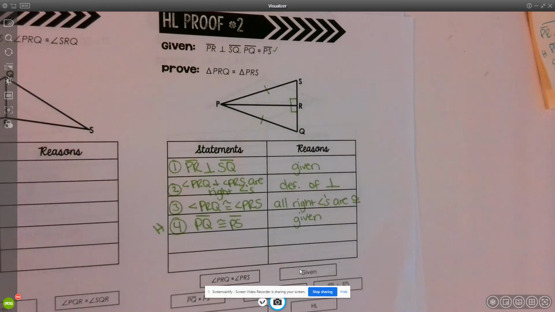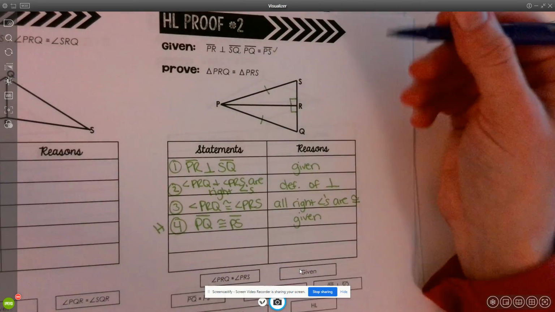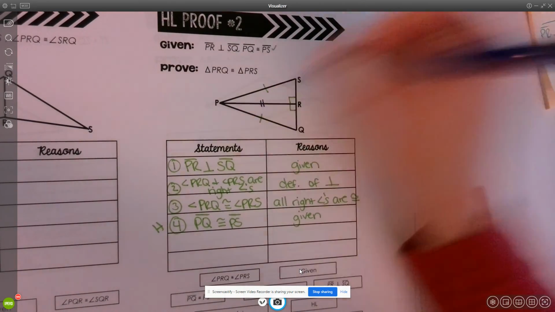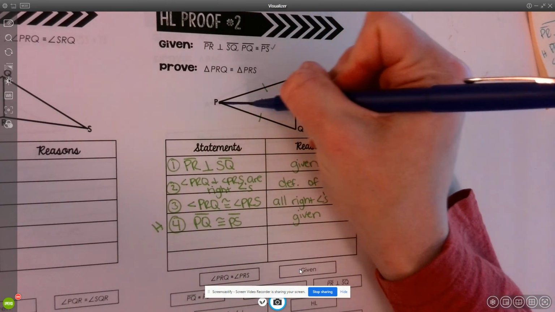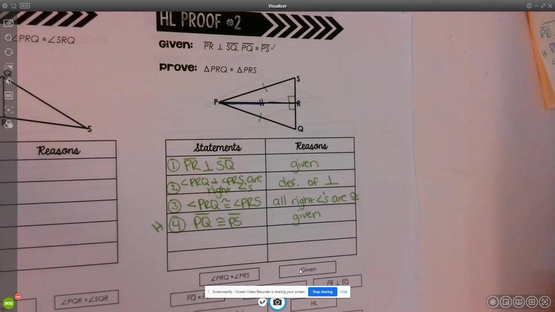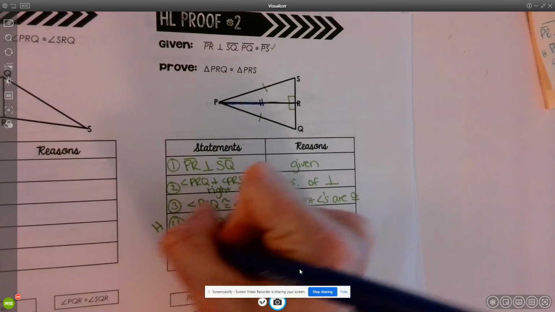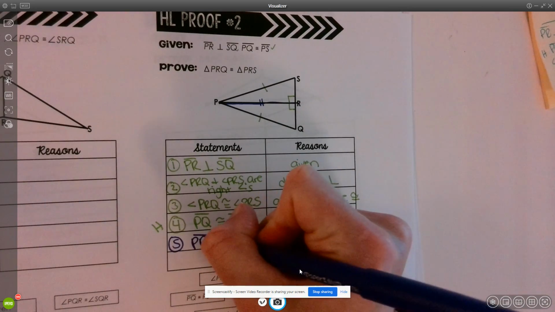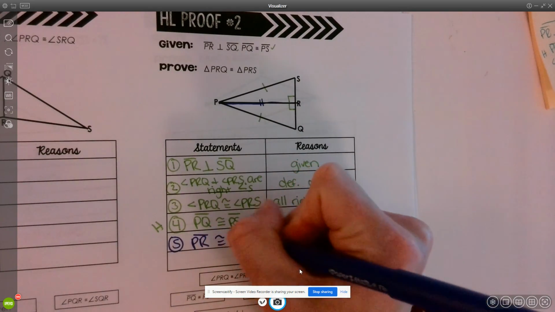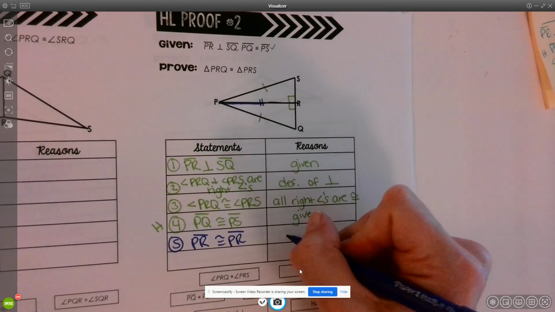So in order to use the hypotenuse leg theorem, we just have to find one of the legs that are congruent. If I look in the picture, they share this side. Line segment PR is shared by both right triangles. So line segment PR has to be congruent to itself by the reflexive property.